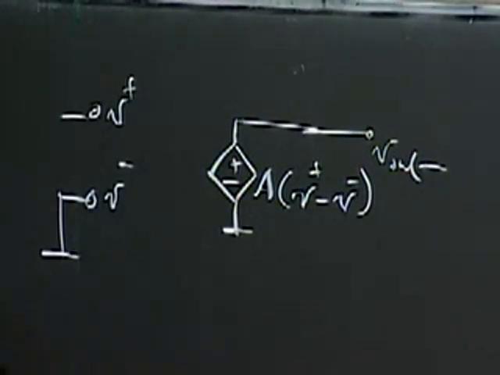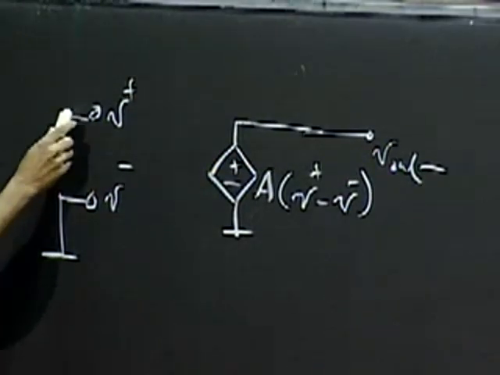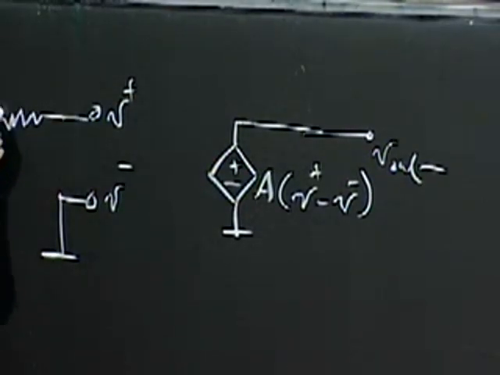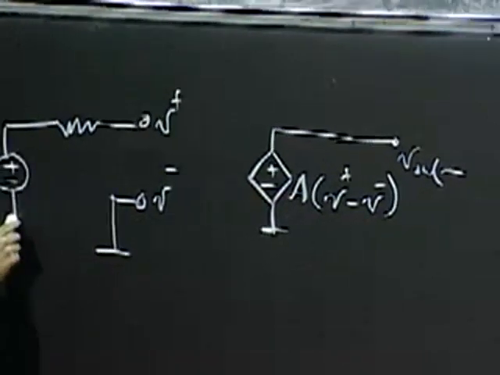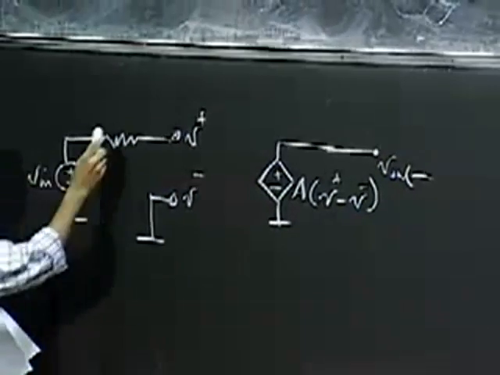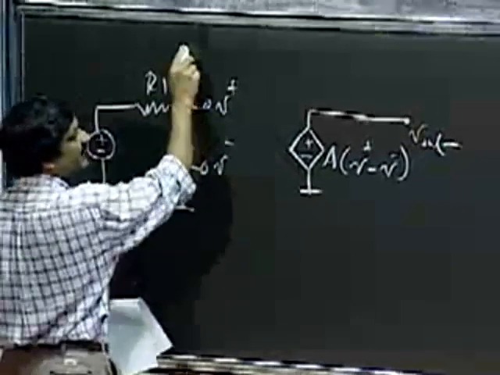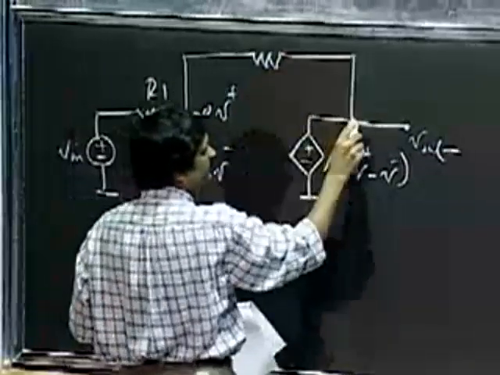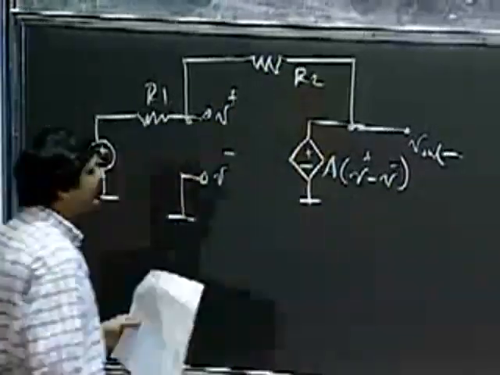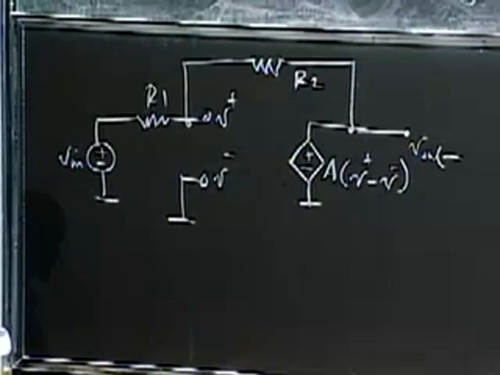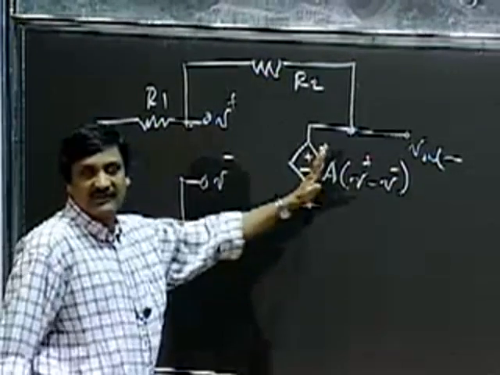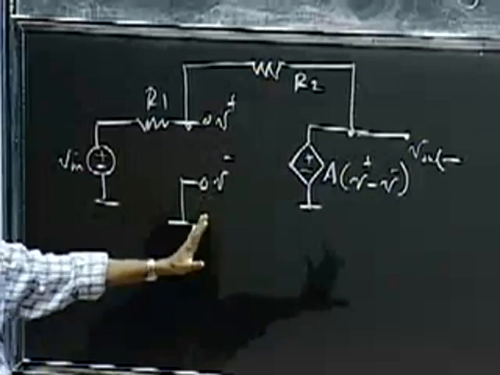So I've grounded my V minus terminal. My V plus terminal goes through a resistor and a supply, the V in, to ground. It's a resistance R1. This terminal goes to the output through a resistor R2.